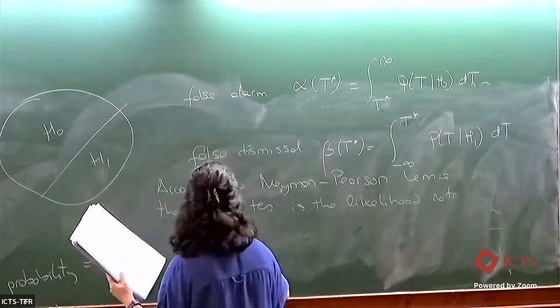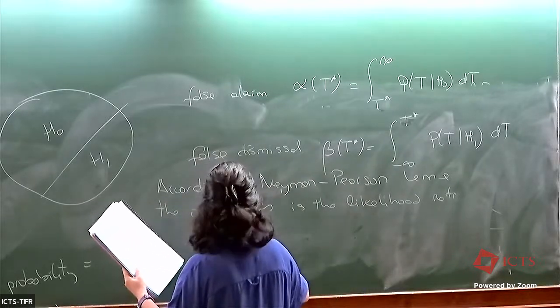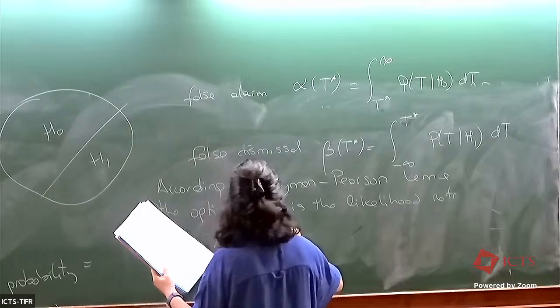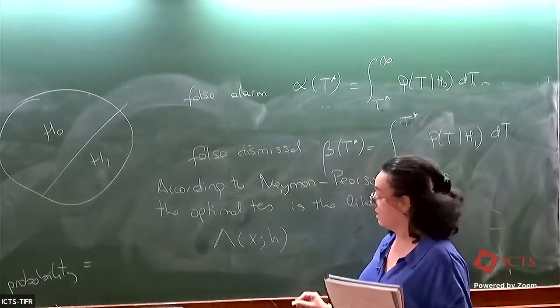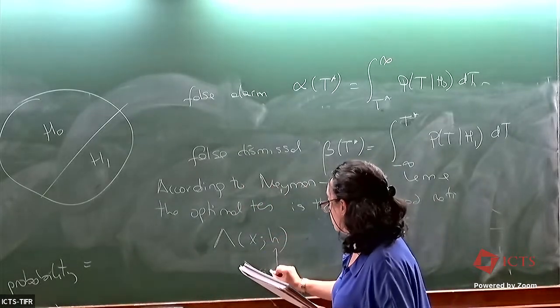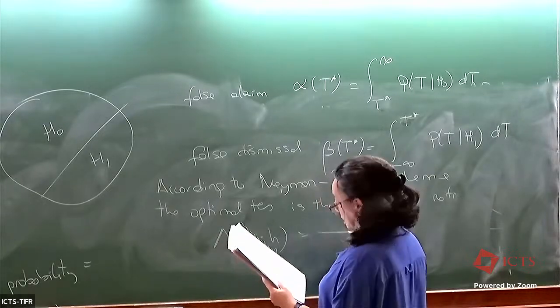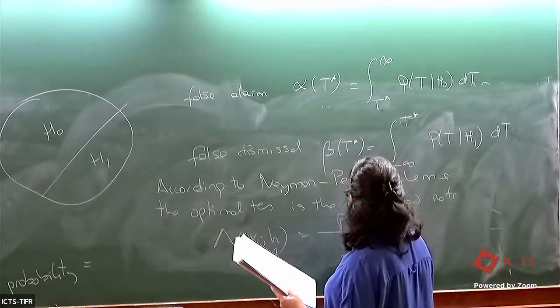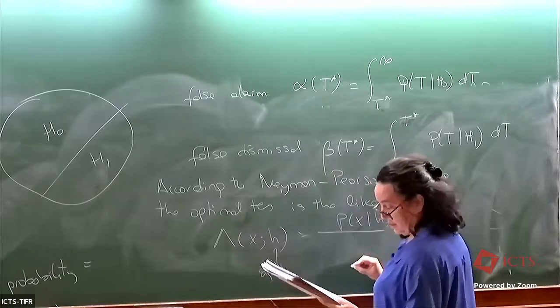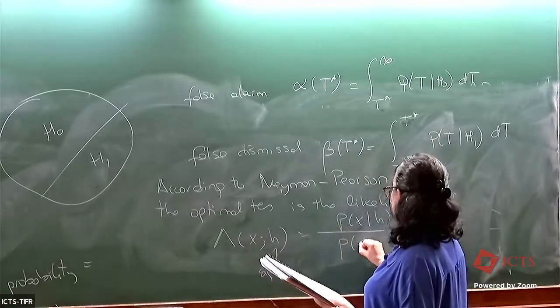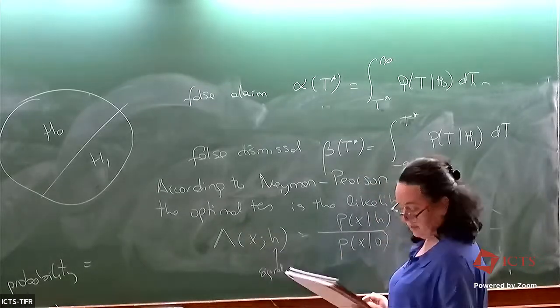And this likelihood ratio of the data given a certain signal is the ratio of the probability of x given the signal divided by the probability of x given that I have no signal.